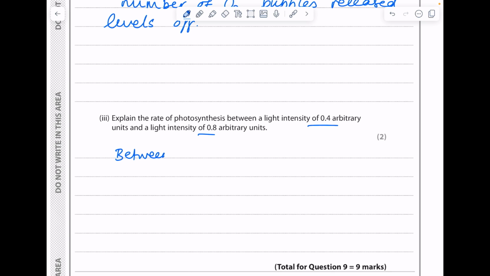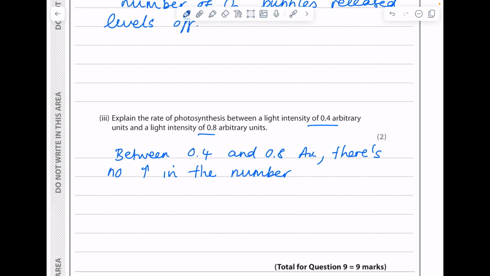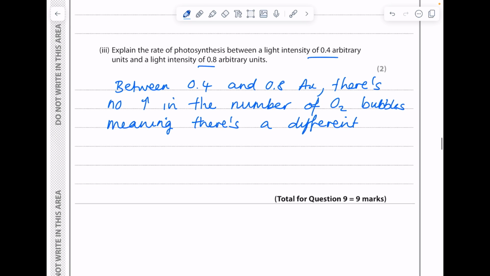So between 0.4 and 0.8 arbitrary units, there's no increase in the number of oxygen bubbles, meaning there's a different limiting factor.